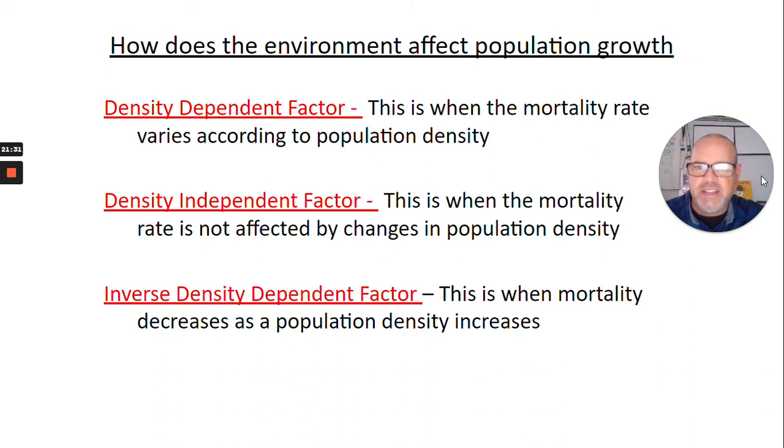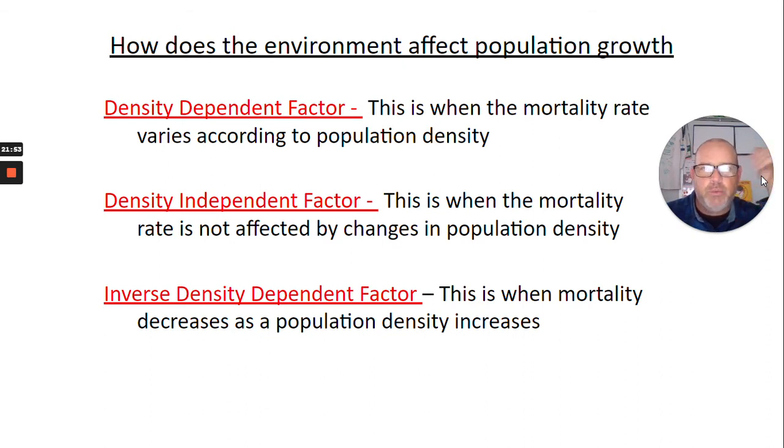Getting passed in cities more than Montana because of how close everything is in proximity. The density is more, so a disease that can get passed between people is going to be much worse in a population dense area than in an area that's not dense. So it's a factor that depends on the density.